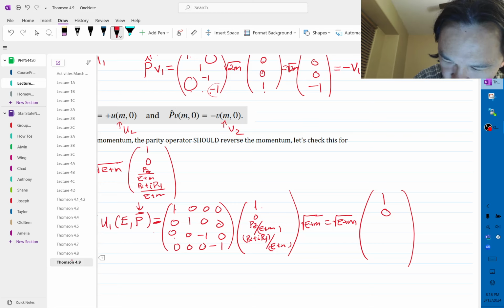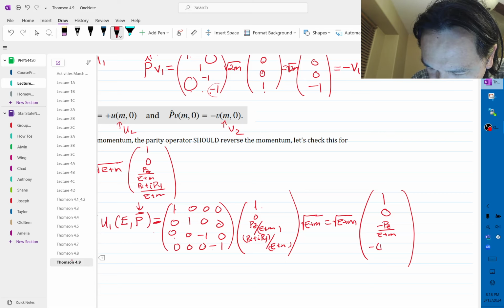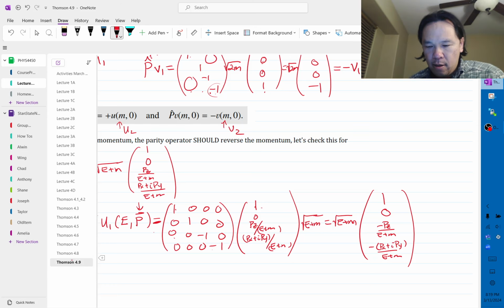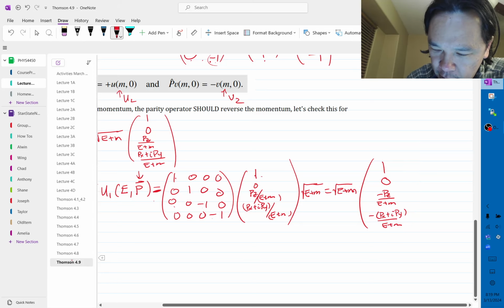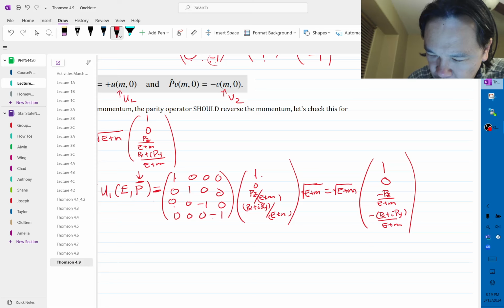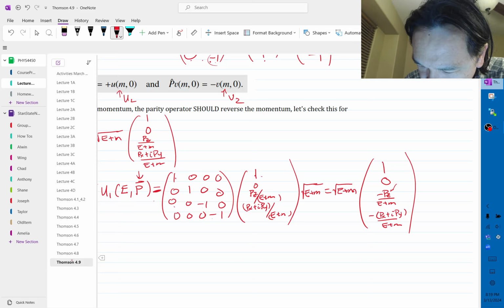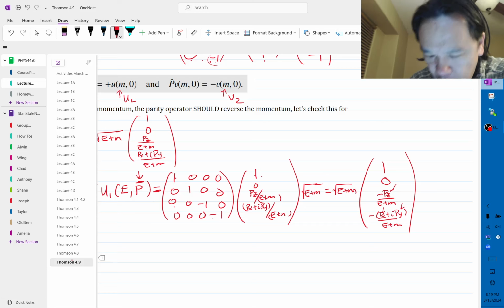Now this one gives you a negative. Negative 1 times Pz gives you negative Pz over E plus m. Similarly, negative 1 times the Px and Py term gives you negative Px plus i Py over E plus m. So this is not U1, but it is very similar. The only thing that changes is the direction of Pz, Py, and Px.